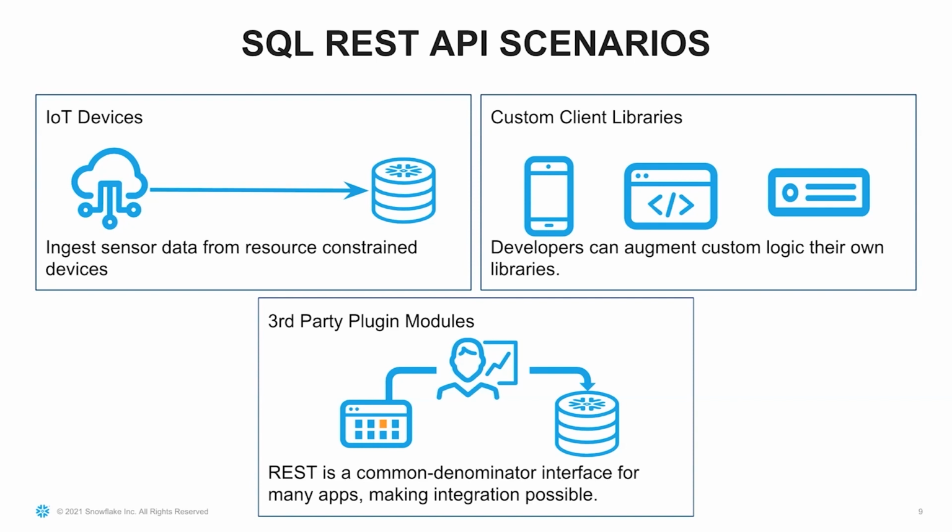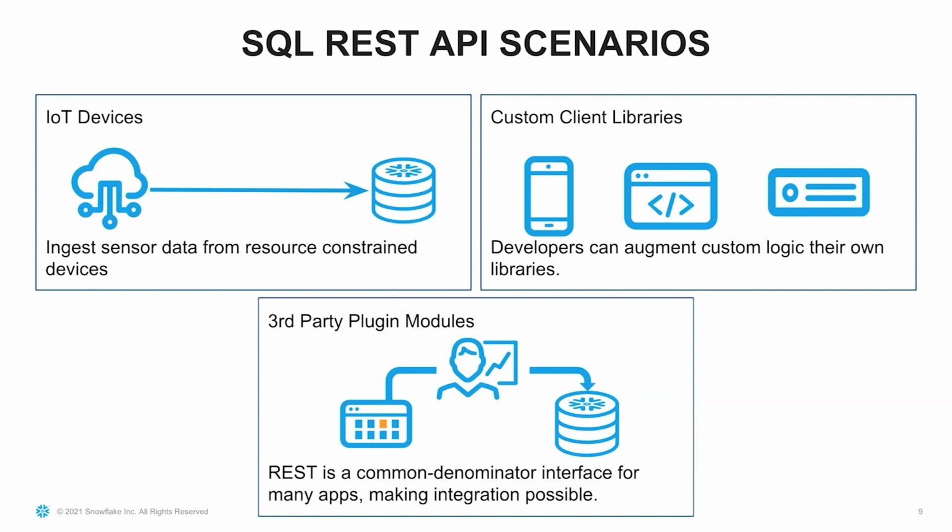Another is building custom client libraries. I mentioned that we have several first-party drivers and libraries in Node, Go, and others. But what if you wanted a driver in a language that we don't have today? The good news is this SQL REST API enables you to build that type of driver and interface in any language, because it's the common denominator across these interfaces.